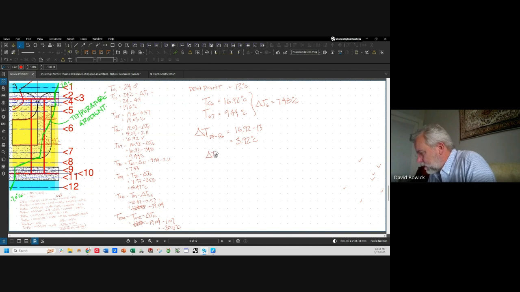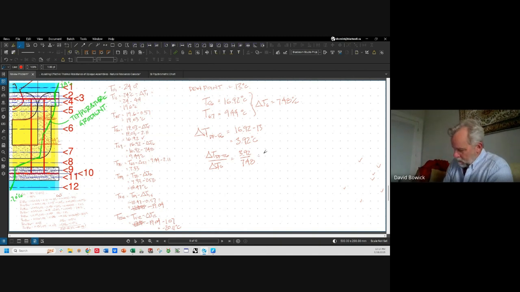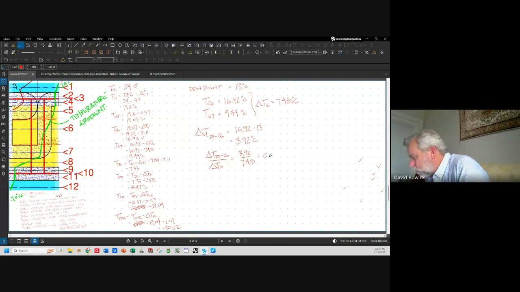Delta T from the dew point to 5, 6 over delta T at 6 equals 3.92 over 7.48, which is 0.52.